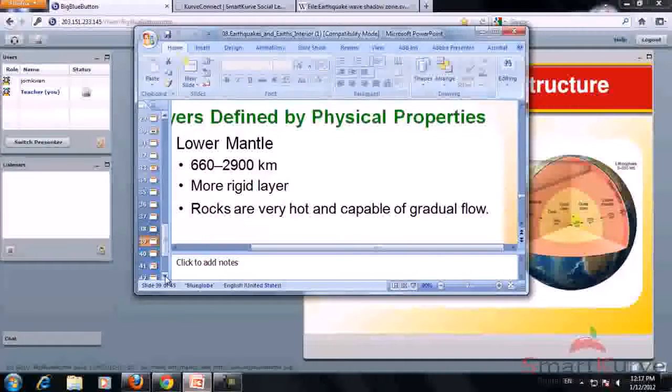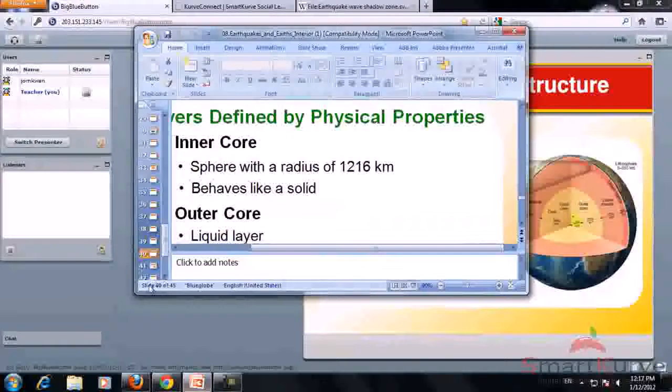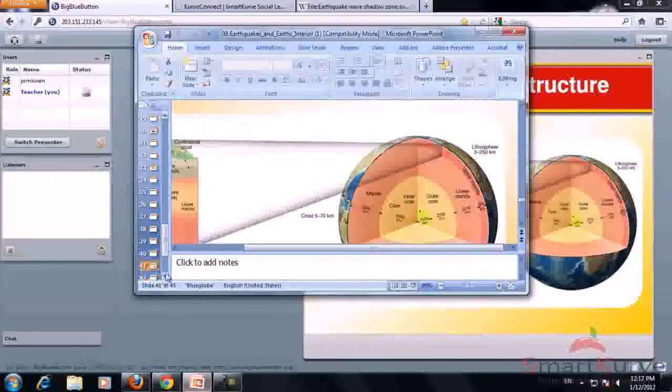And down there in the lower mantle, the rocks are more rigid, more solid. And again, like I mentioned, the inner core behaves like a solid, the outer core is like liquid. You can see all of that illustrated on slide 41. Remember, the upper mantle is like liquid rock, the lower mantle, solid rock, outer core, liquid metal, inner core, solid metal.